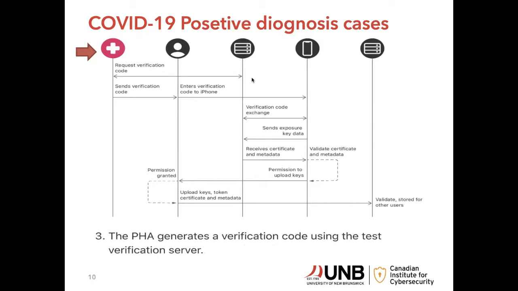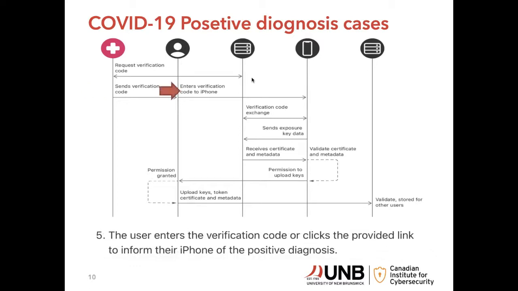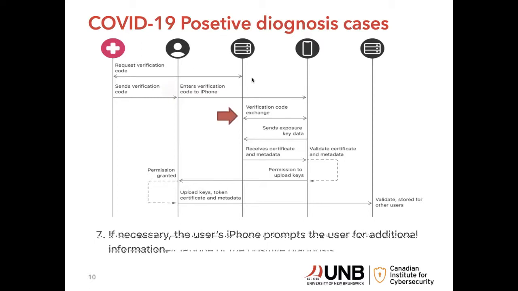And the PHA generates a verification code using the test verification service. The PHA sends this verification code to the user, and the code may be emailed, read over the phone, or provided as a linkable deep link or in a text message. The user enters this verification code or clicks the provided link to inform their phone of the positive diagnosis.